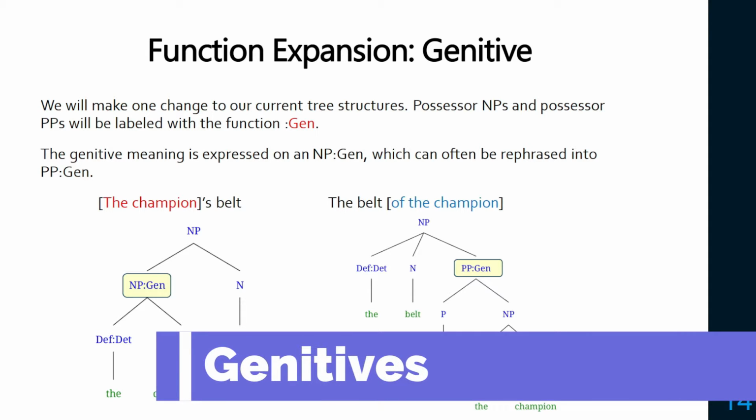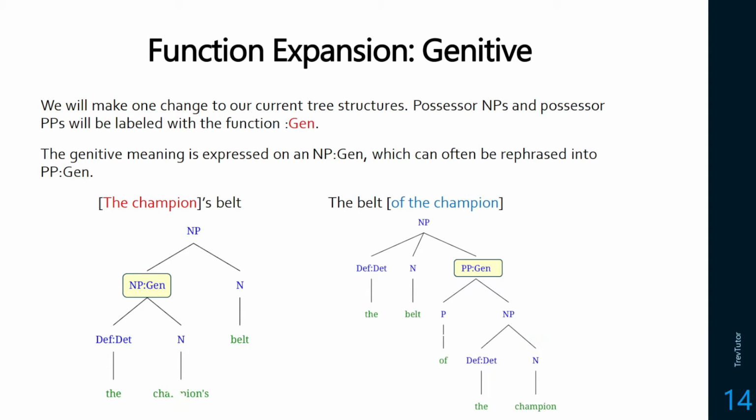We want to be able to incorporate the genitive into our trees. On noun phrases, you may have a genitive marker. For instance, if we take a phrase like the champion's belt, we can ask ourselves, what are we talking about? We're really talking about a belt. Now, whose belt is it? This is more information. This is talking about possession.